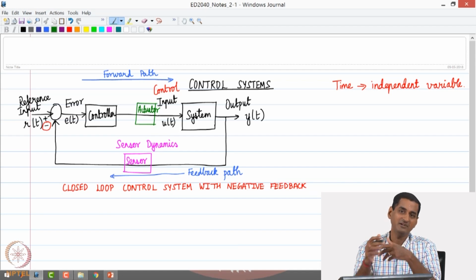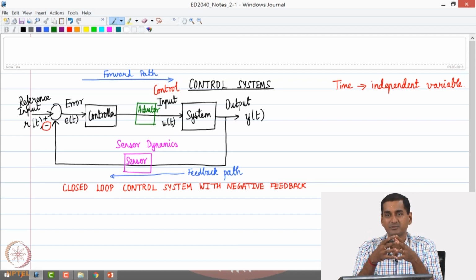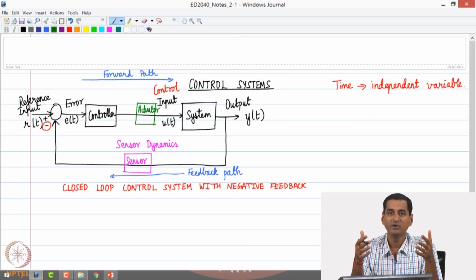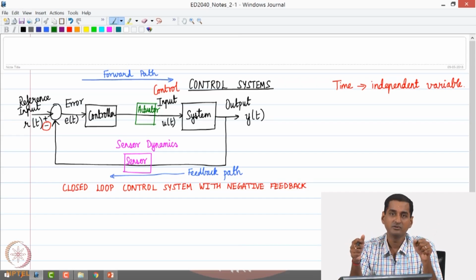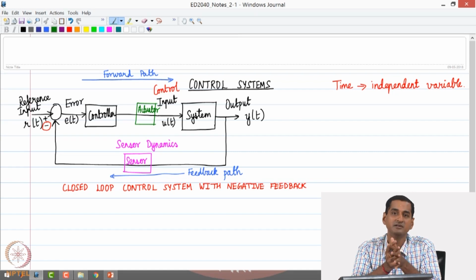But we need some element to physically realize this control input. Let me give an example. Suppose we want to drive a car autonomously. Let us consider the task of steering a car. The angle which is provided at the steering wheel is the input to the system, and the orientation of the car can be considered as the output from the system.